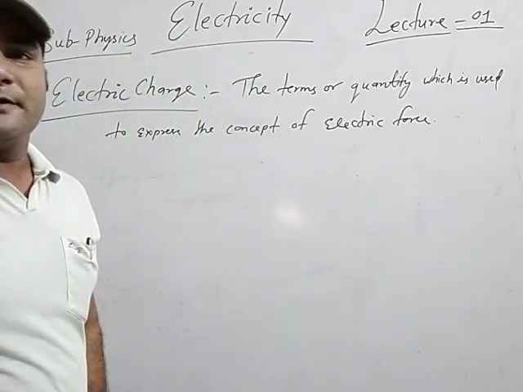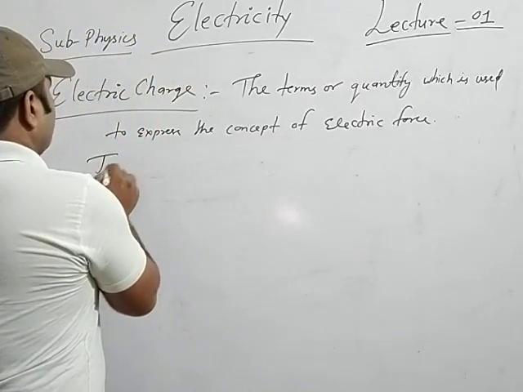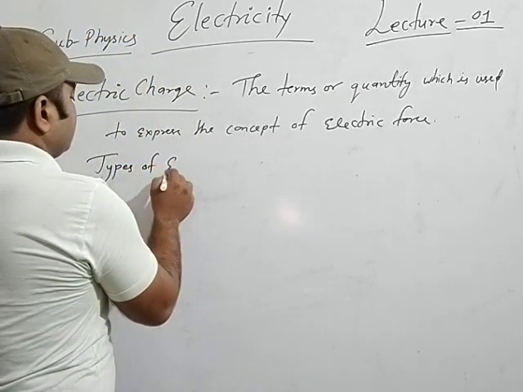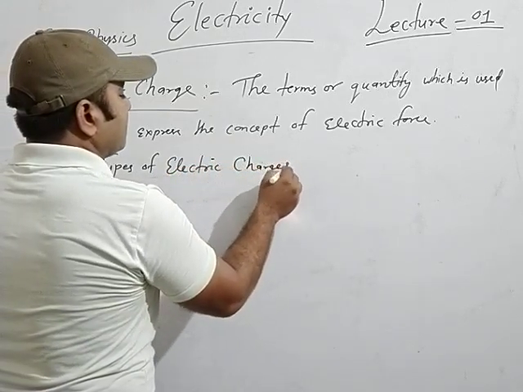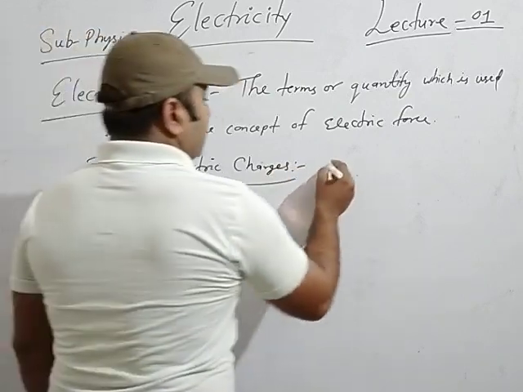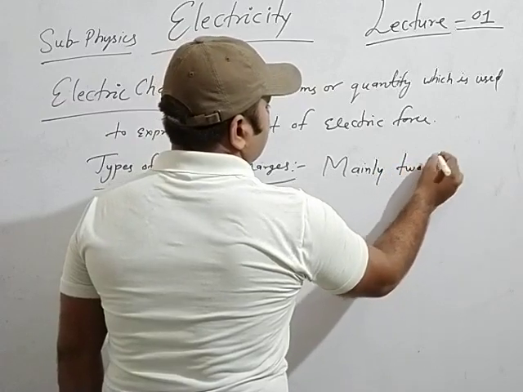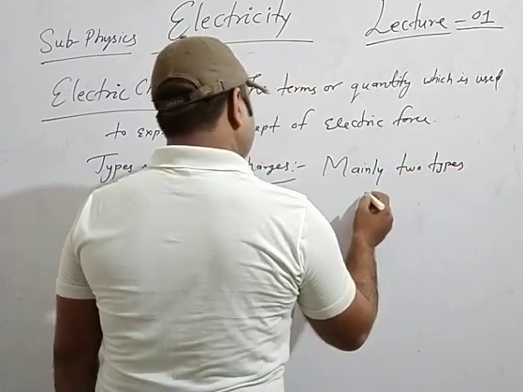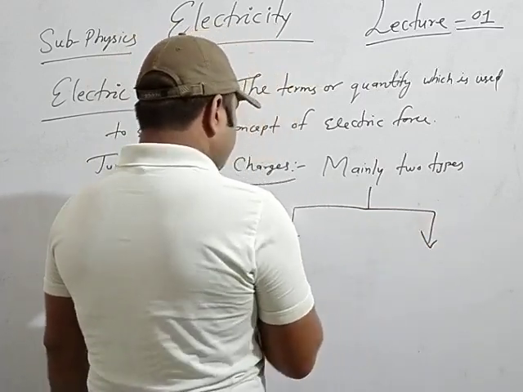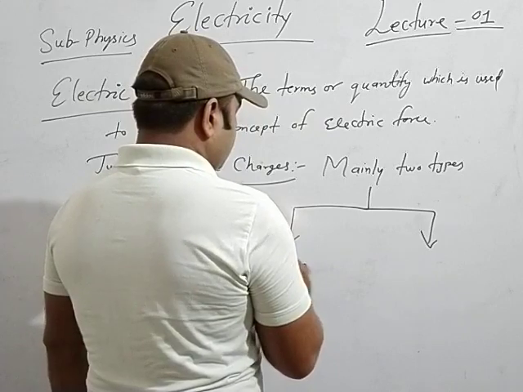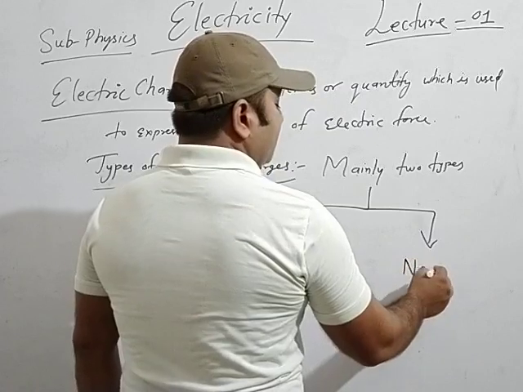And here there are mainly two types of electric charges. Types of electric charges: mainly two types. Number one, positive charge, and number two, negative charge.